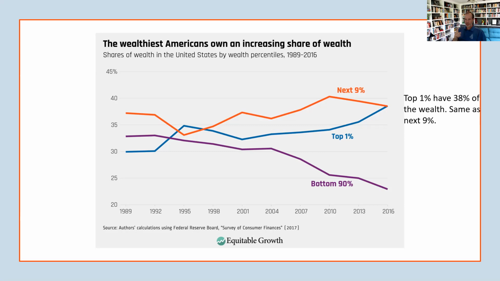So this 1% category has 38%, and so does the next 9%. So the top 1%'s wealth is much more than others. The top 10% have 76% of all the wealth, and the bottom 90% have the other 24%. And remember, in this bottom 90%, 20% or probably a little bit more are on the negative, so that's counting against.